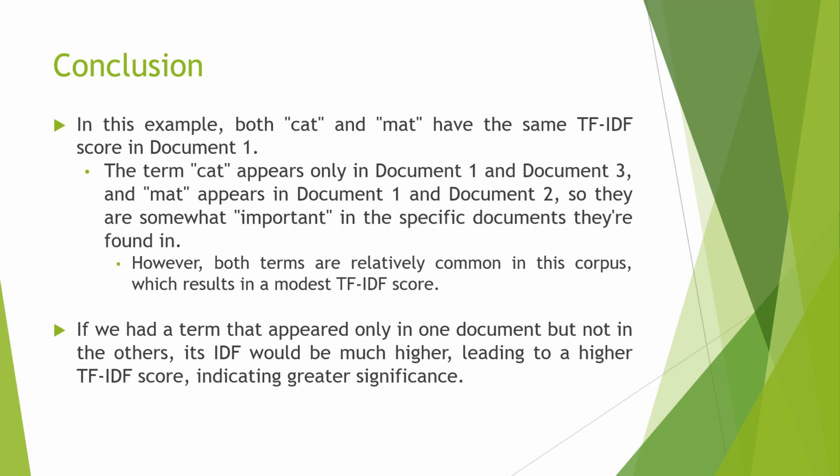So these are somewhat important to the specific documents in which they appear. Both terms are relatively common in this corpus, so it results in a modest TF-IDF score. If you had a term that appeared in only one document but not in the others, then the IDF score would be higher.